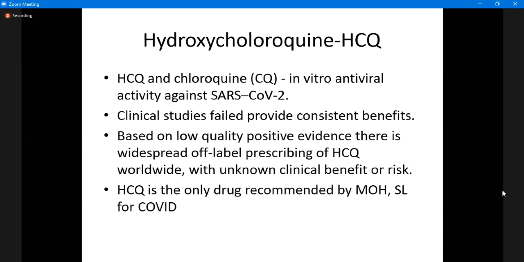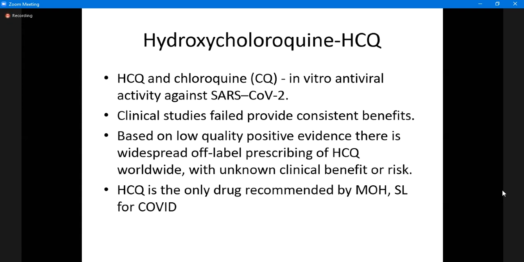These two drugs came into the picture because in vitro studies have shown that both HCQ as well as CQ have antiviral activity against SARS-CoV-2. And also a few studies done in Wuhan province, China, showed promising results.